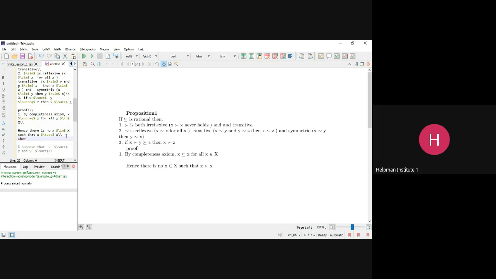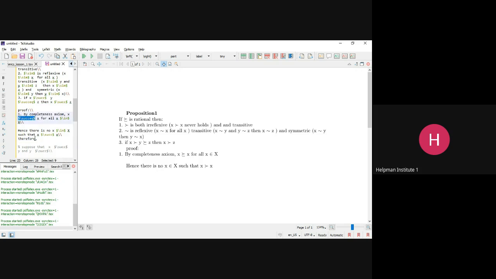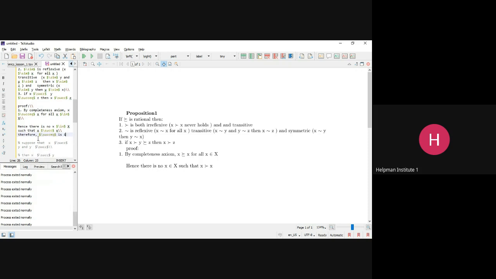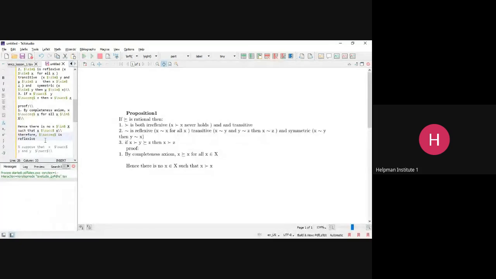Therefore, we can conclude that our preference is irreflexive. That is what that assumption means. So we have proved this irreflexive.